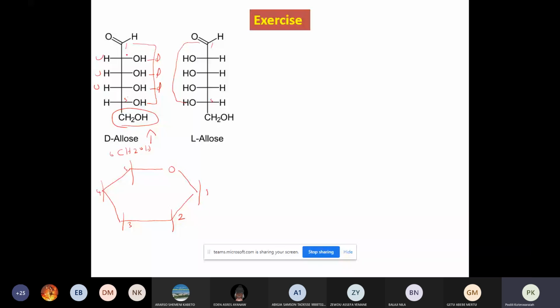So this is 1, 2, 3, 4, 5 and 6. Now, as I already said, carbon 1 and carbon 5 are already involved in the linkage, so we forget about these. Then we need to see the remaining.